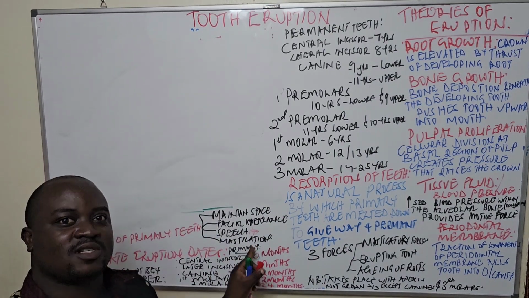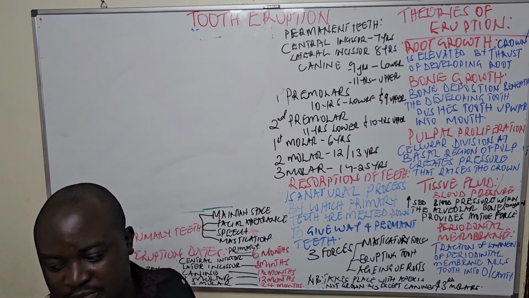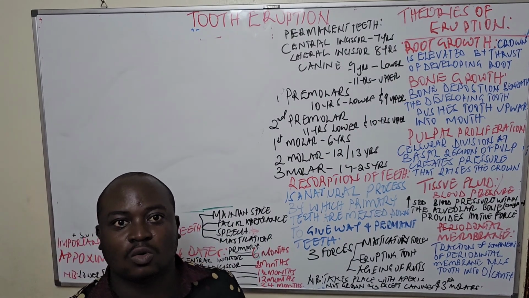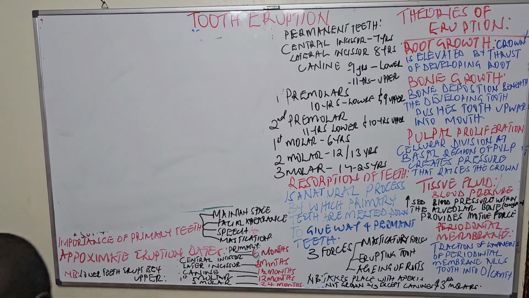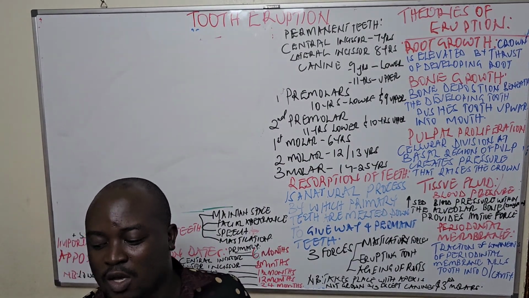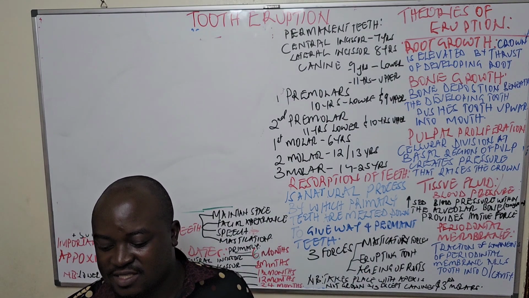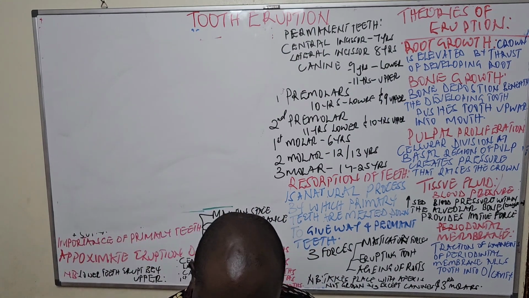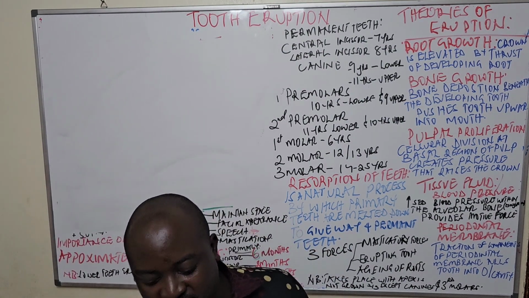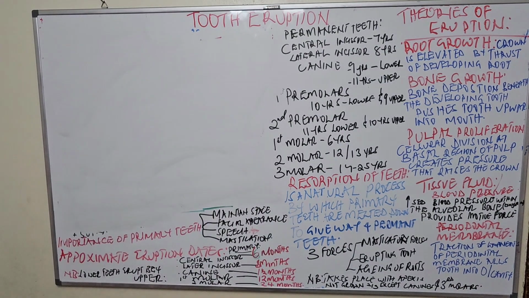So if the child does not have teeth, it means that he's not going to digest the food well. That means we shall have a problem with digestion of food, where we can even end up with malnutrition.